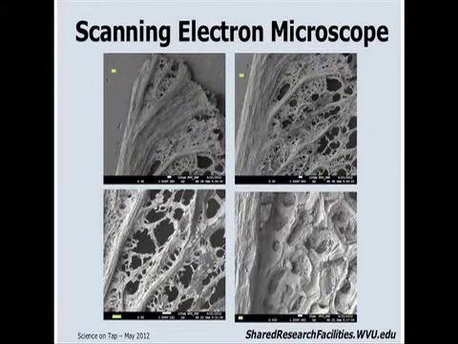And these are details of the wings of that seed, and the green bar here represents 100 microns, so the thickness of a human hair. In this last one, the green mark represents 10 microns. So this is one tenth the thickness of a human hair, and you can see more details.